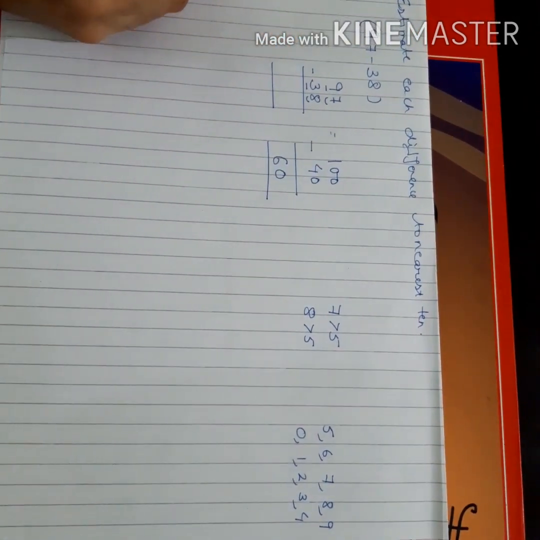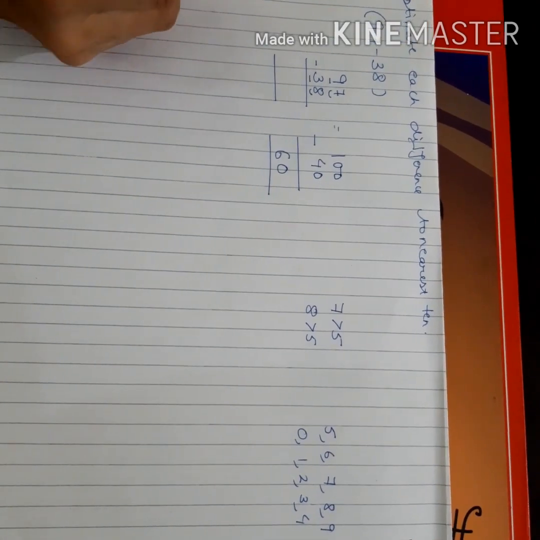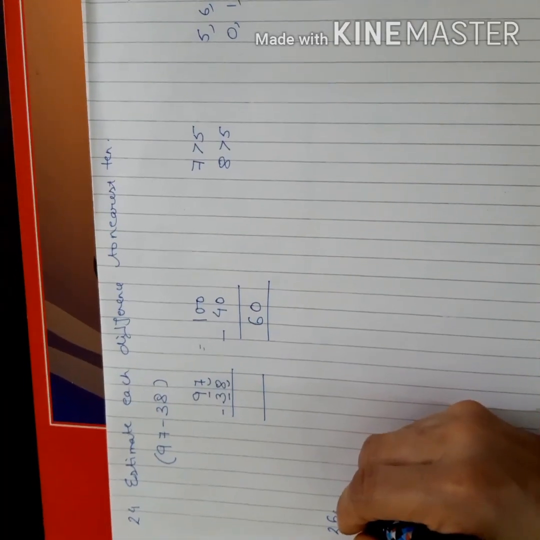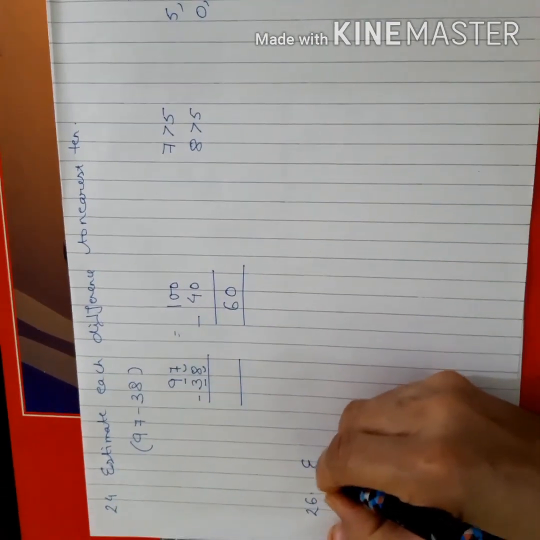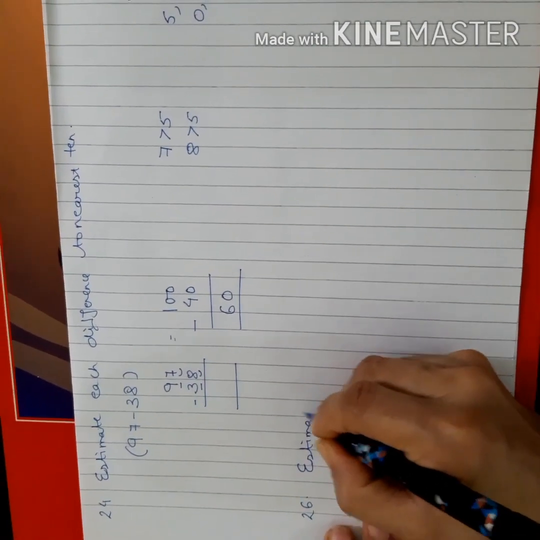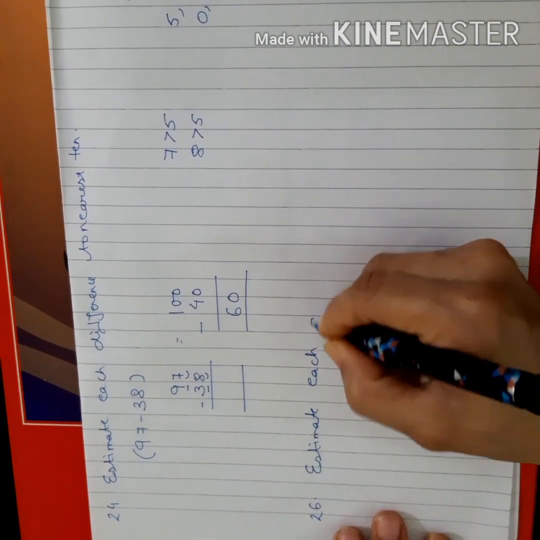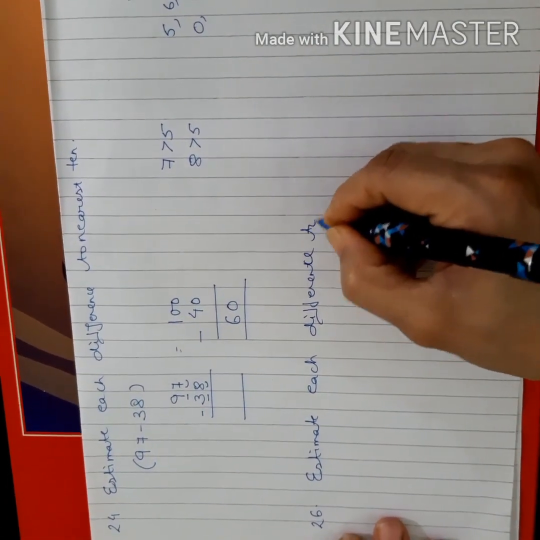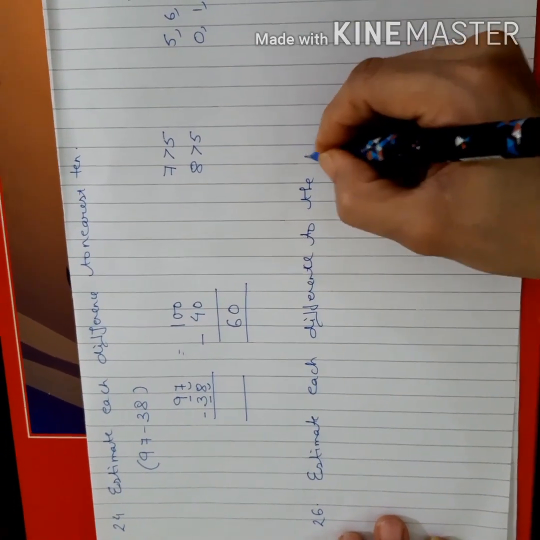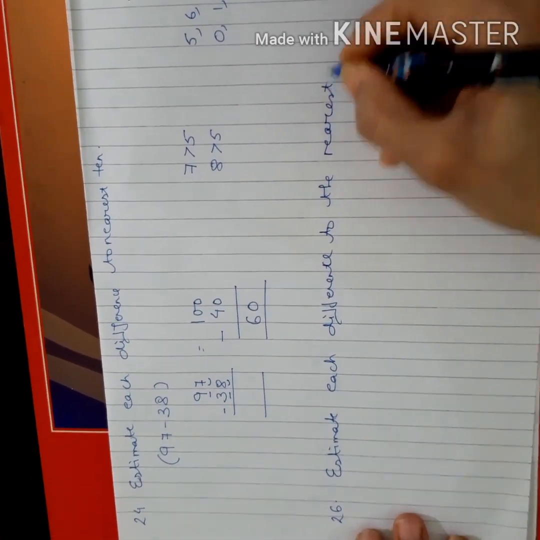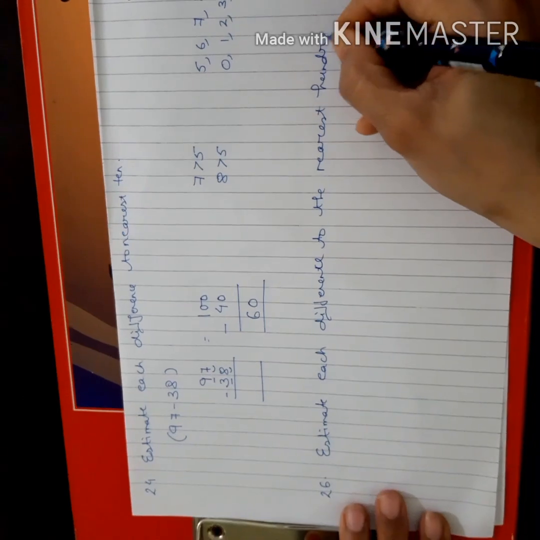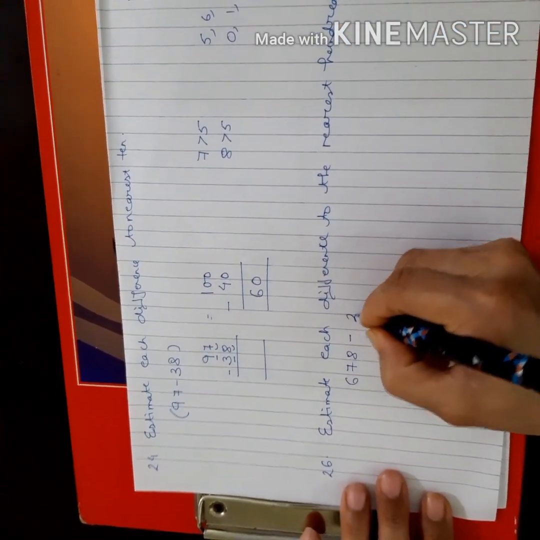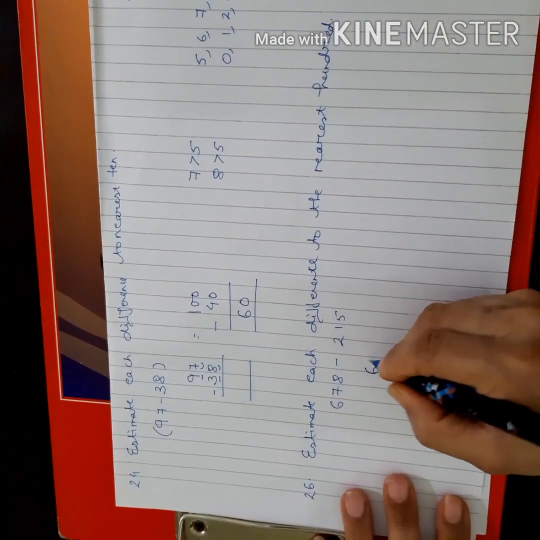Now question number 26. Estimate each difference to the nearest 100. Our question is 678 minus 215.